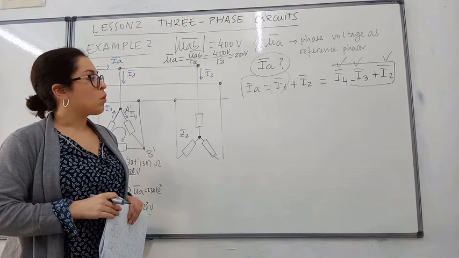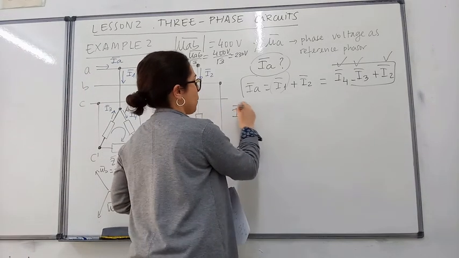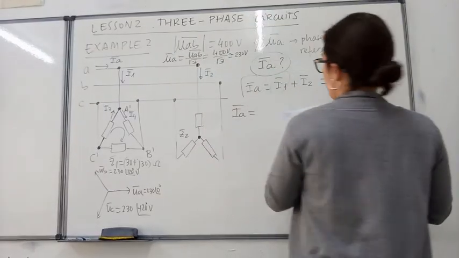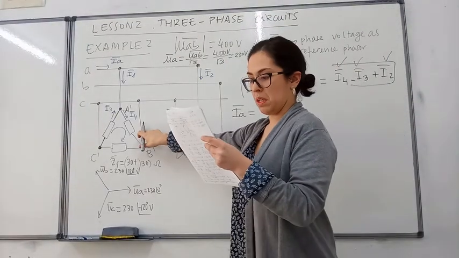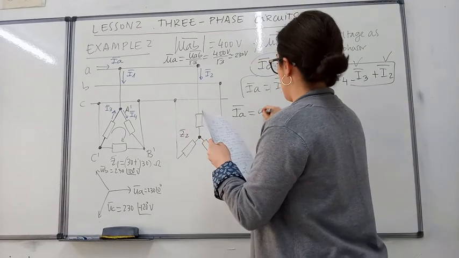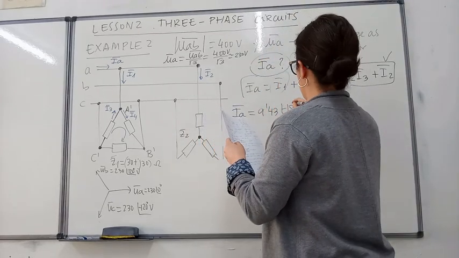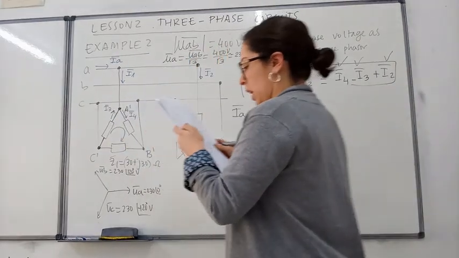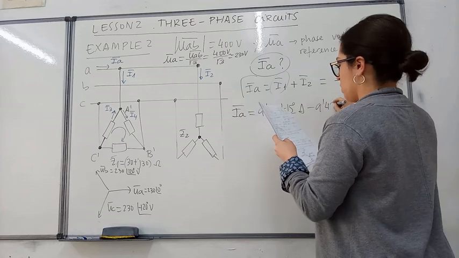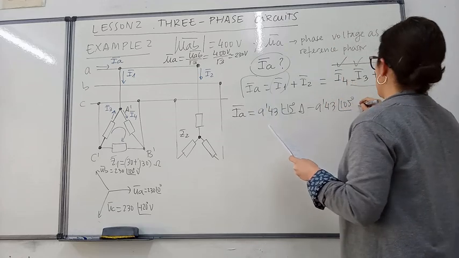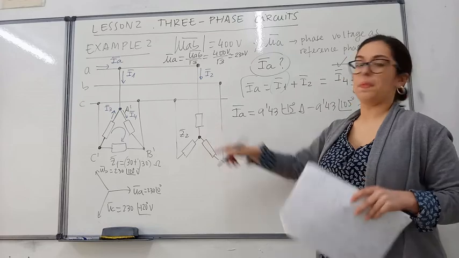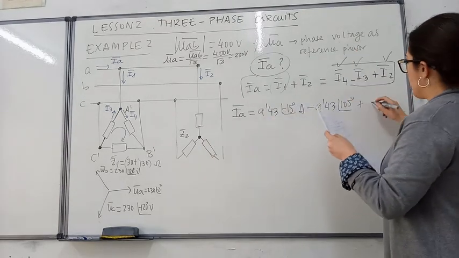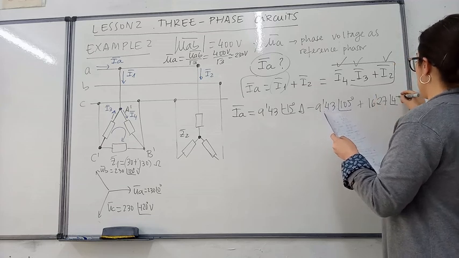Now that we have the 3 currents, to finish the problem, we only need to do that calculation, okay? I4 was the current here, and was 9.43, minus 15 amps. I3 was the current here, and its value was 9.43, 105, plus I2 was the current here in the star connected load, and its value was 16.27, 45 degrees.